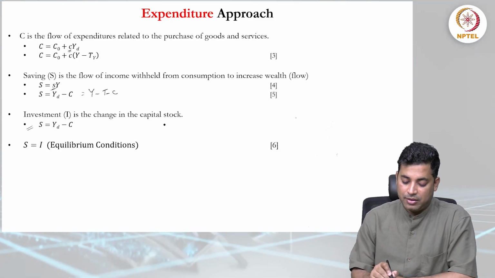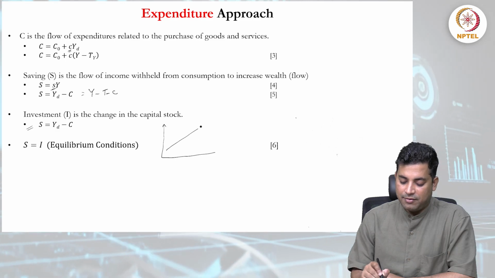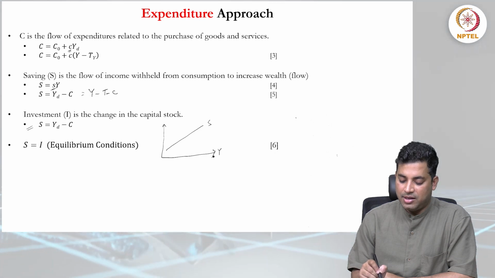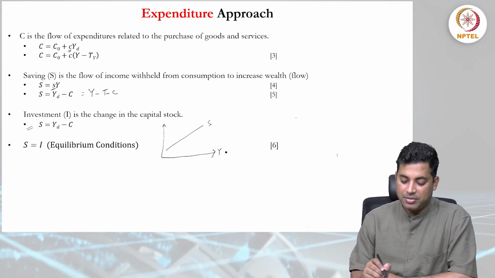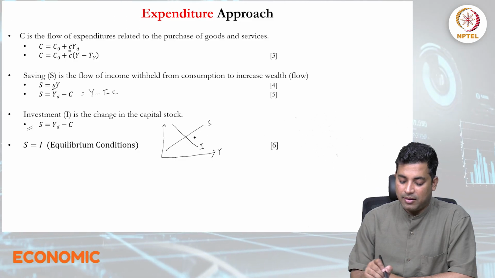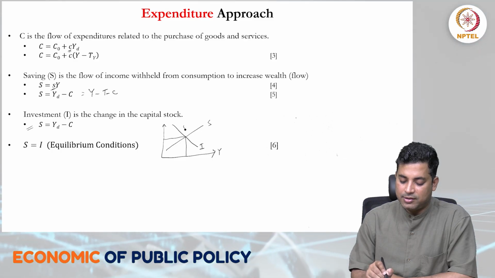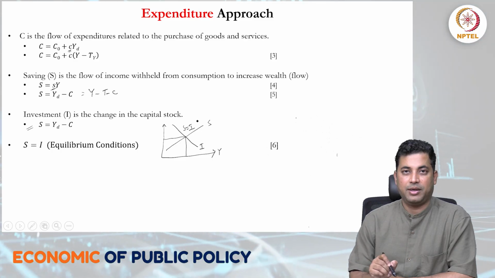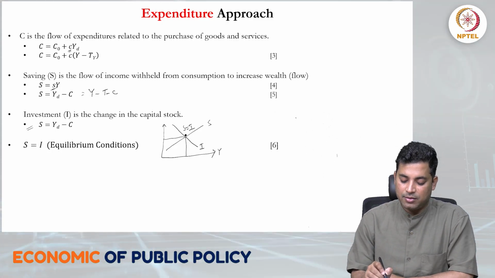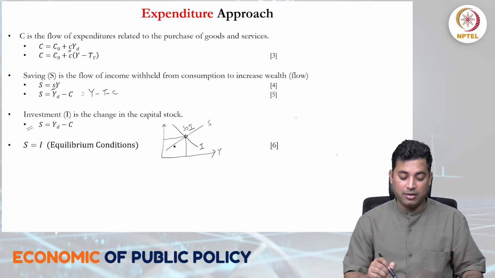If we see it this way, if savings increases as income increases, and this is investment, then this is the equilibrium where savings equals investment, right? This is how the equilibrium condition works in macroeconomics, and this assumption is very important to remember.